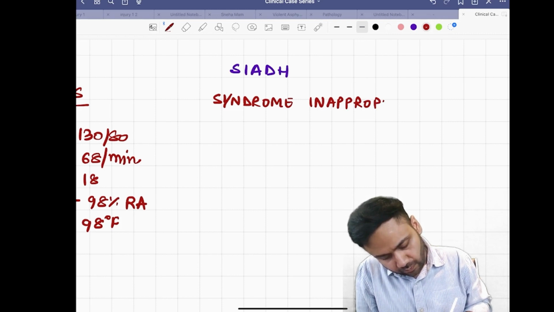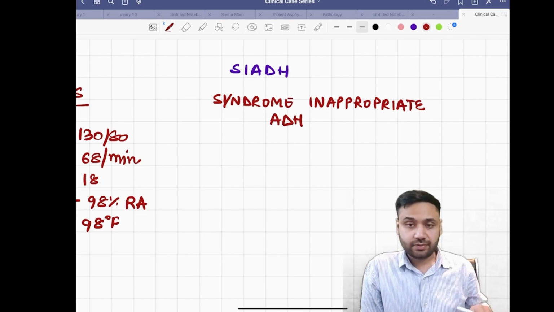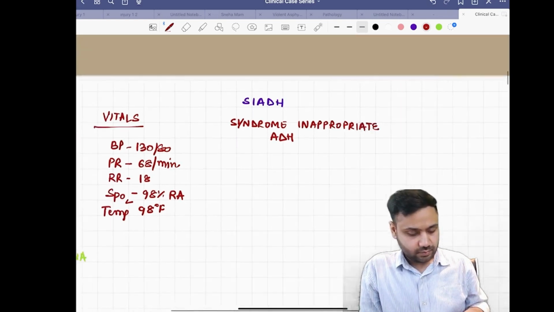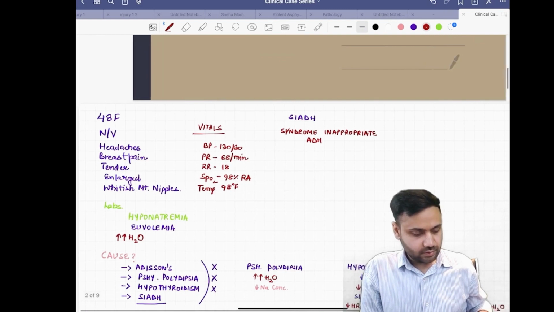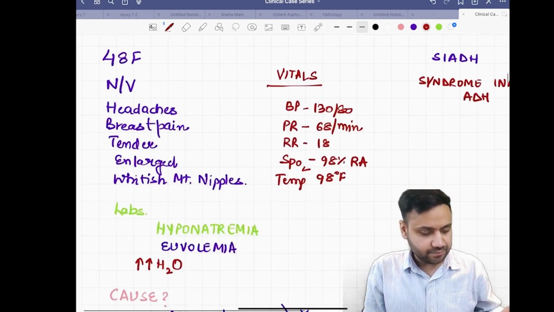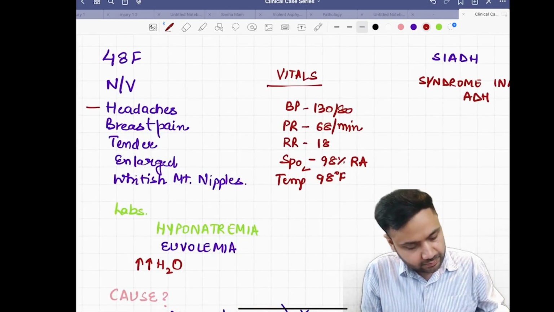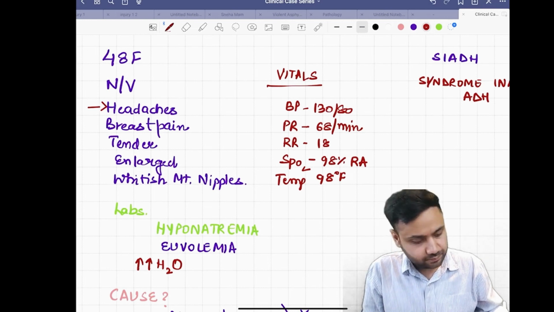So, what do you think is causing increased ADH in this patient? She has a headache, breast pain, breasts are tender, enlarged, and there's a whitish material coming out of the nipples.